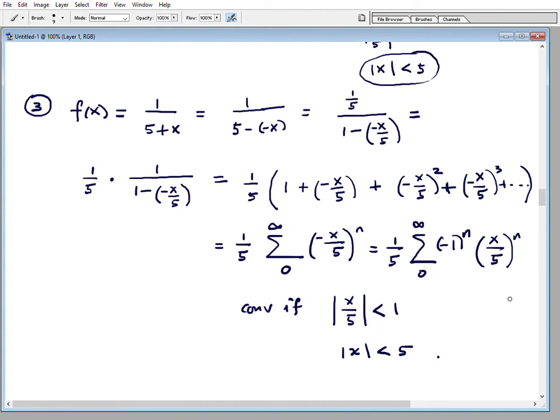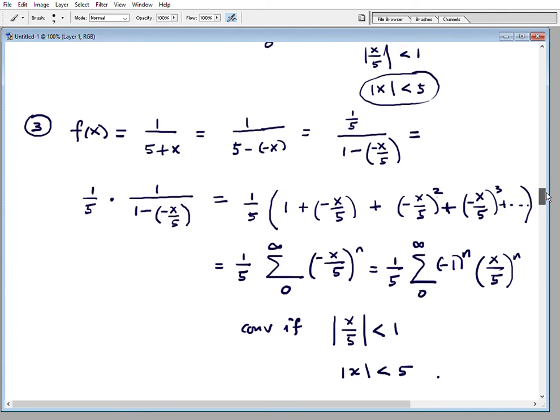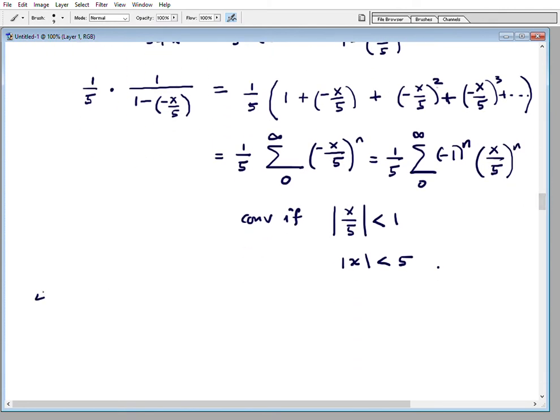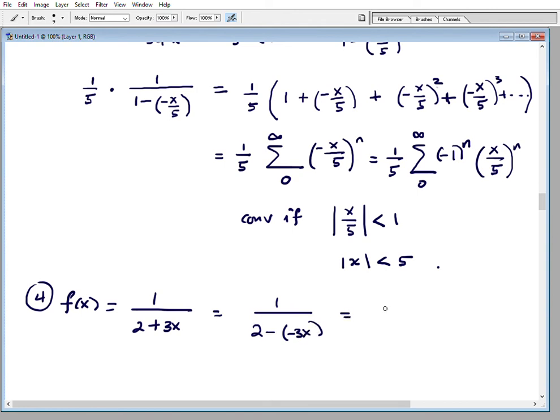So for any 1 over anything linear, we could do the same thing. Let's just do one more example. All right, so this is a more general linear function on the bottom, and I'll just show you how to manipulate this. First, we want a negative, so we'll have minus 3x. And we want a 1 here, so divide by 2.